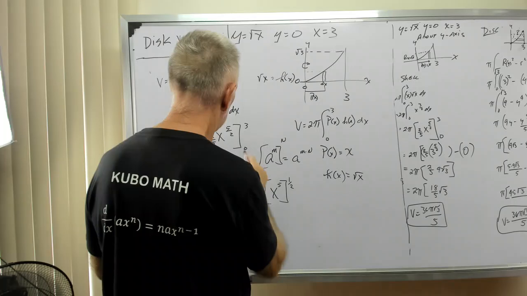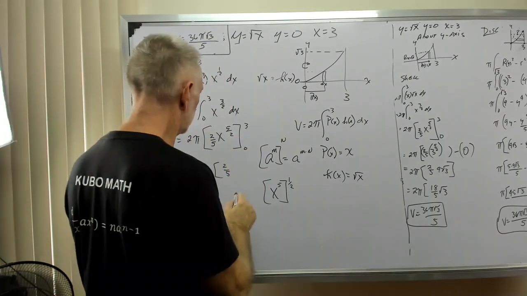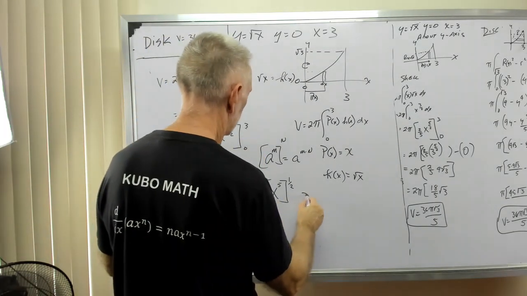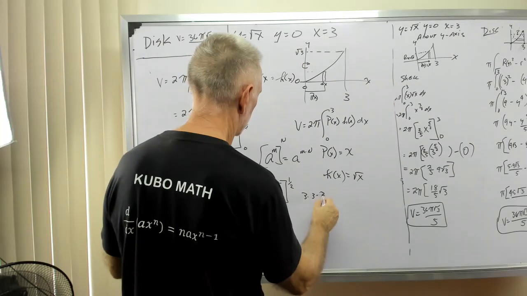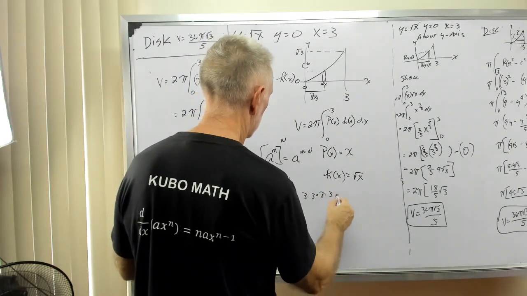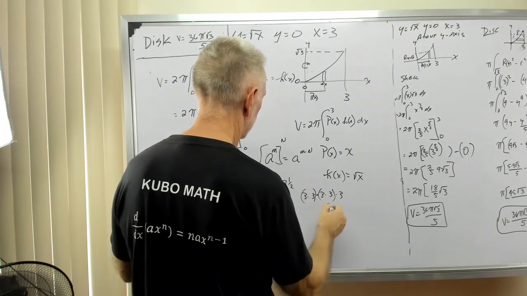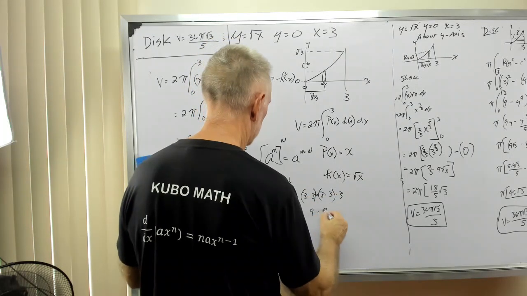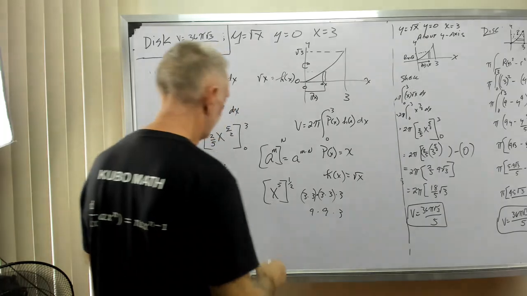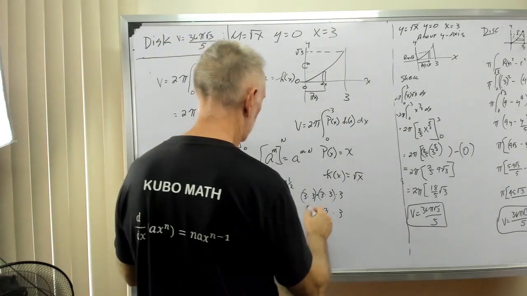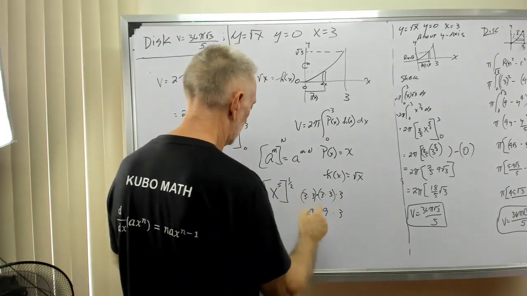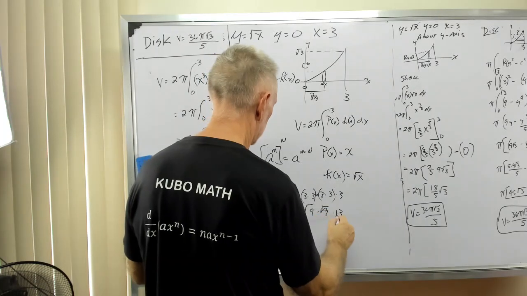So let me take the 3 and raise it to the 5th power. 3 times 3 times 3 times 3 times 3. 1, 2, 3, 4, 5. That's 5 of them. So I have 9 times 9 times 3. But I've got to take the square root of all of that, which is the same as this.